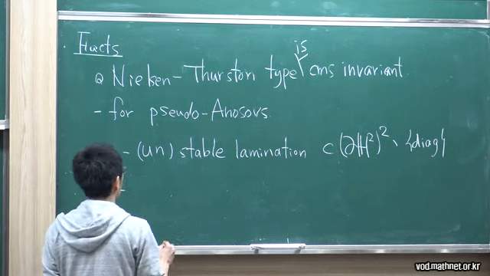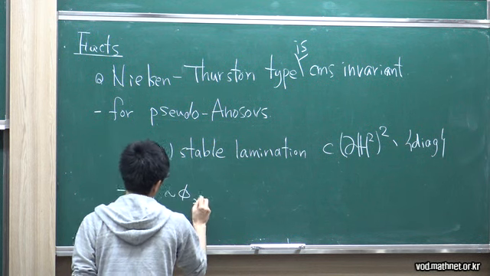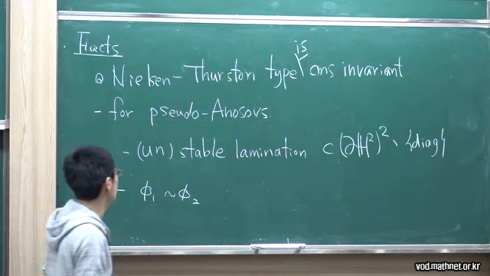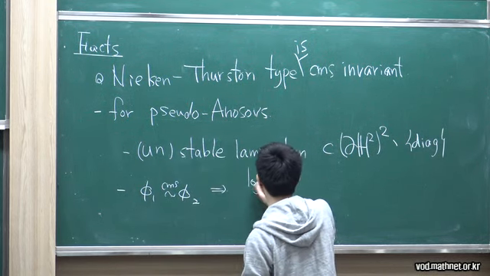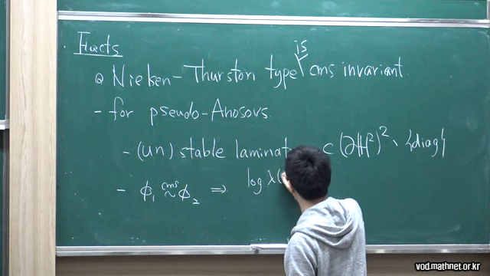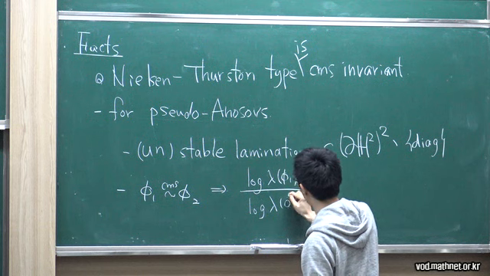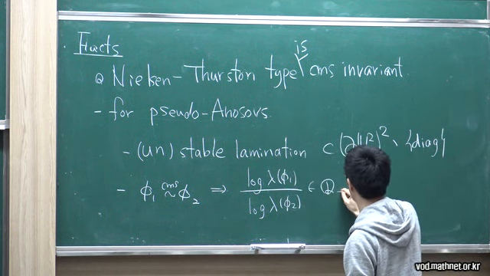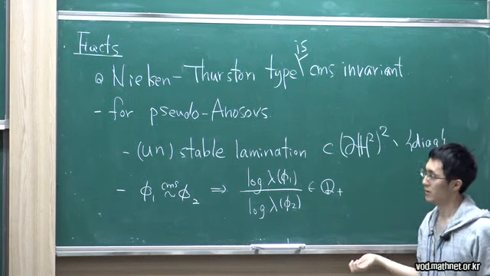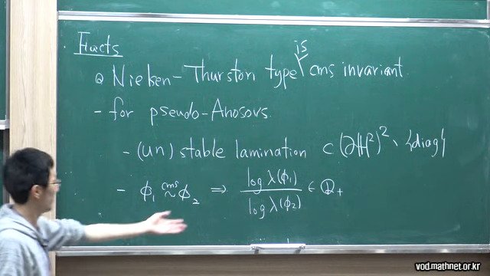We can also prove that if phi_1 and phi_2 are pseudo-Anosov and they are commensurable, then the logarithms of the stretch factors are commensurable in the sense of real numbers, so the quotient is a rational number. This is just because we take powers and take a limit; taking a cover or lift doesn't change the dilatation.